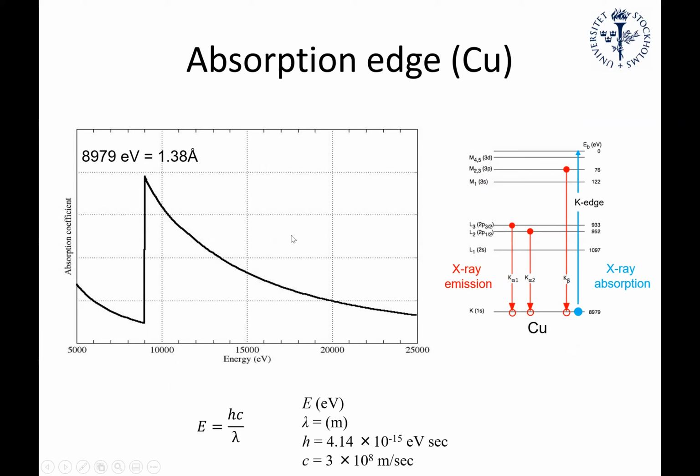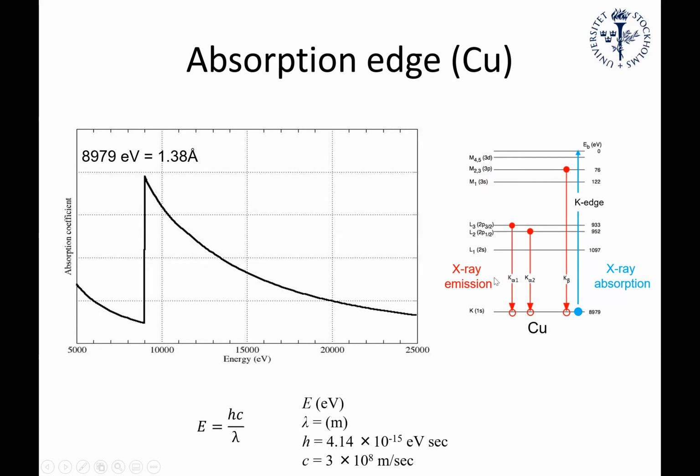Say for copper, if you were to irradiate a chunk of copper with an X-ray beam and you change the energy of the X-ray, if you change the wavelength of the X-rays, you'll see that it's not continuous, that at some energy you'll see a sharp rise in the absorption of the X-rays by that element. This sharp rise is known as the absorption edge.